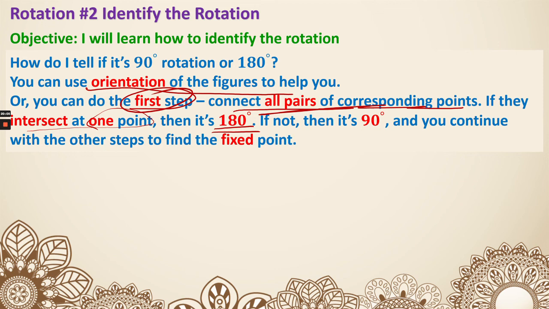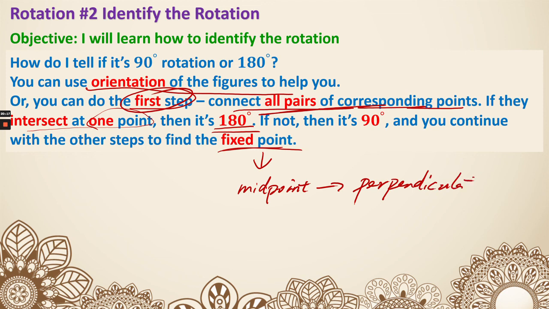Then you need to continue with the other steps to find the fixed point, which again means use the midpoint and do the perpendicular line for at least three pairs of points. And then you will find they are going to intersect at one point. That's your fixed point. So again, try to connect all pairs of corresponding points. If they already intersect, it's 180 degrees. If they don't, then it's 90, and then you need to follow along to find where the fixed point is.